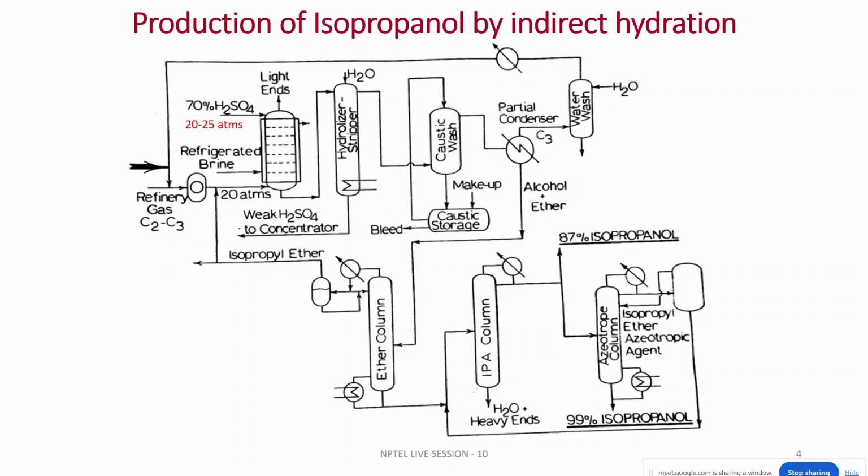So we will now discuss the flow chart to describe how isopropanol is produced by the method that we have just discussed.